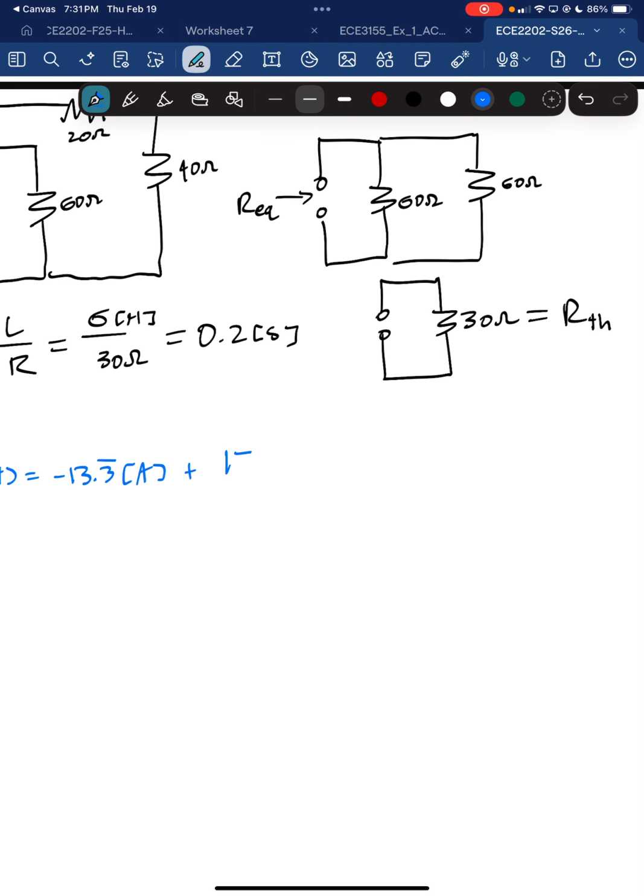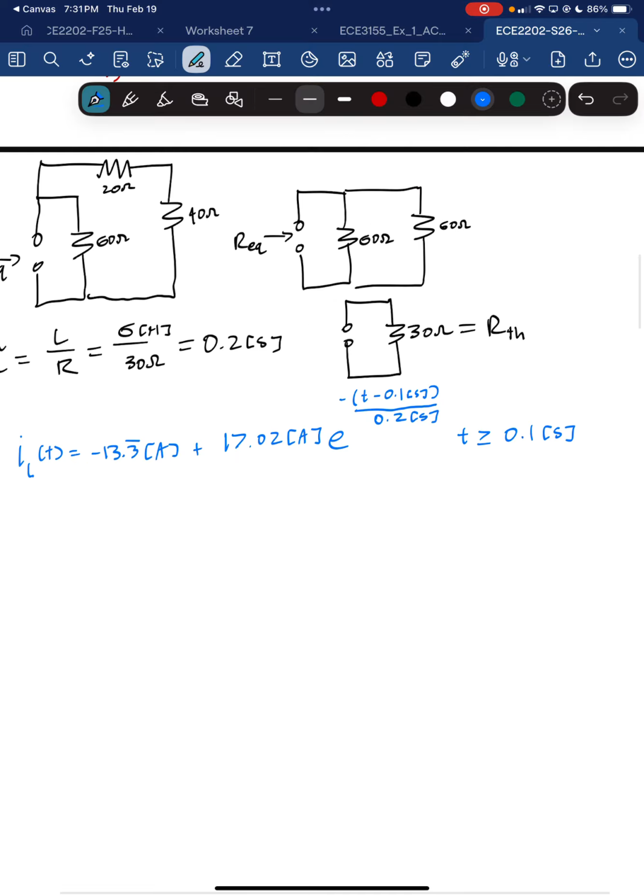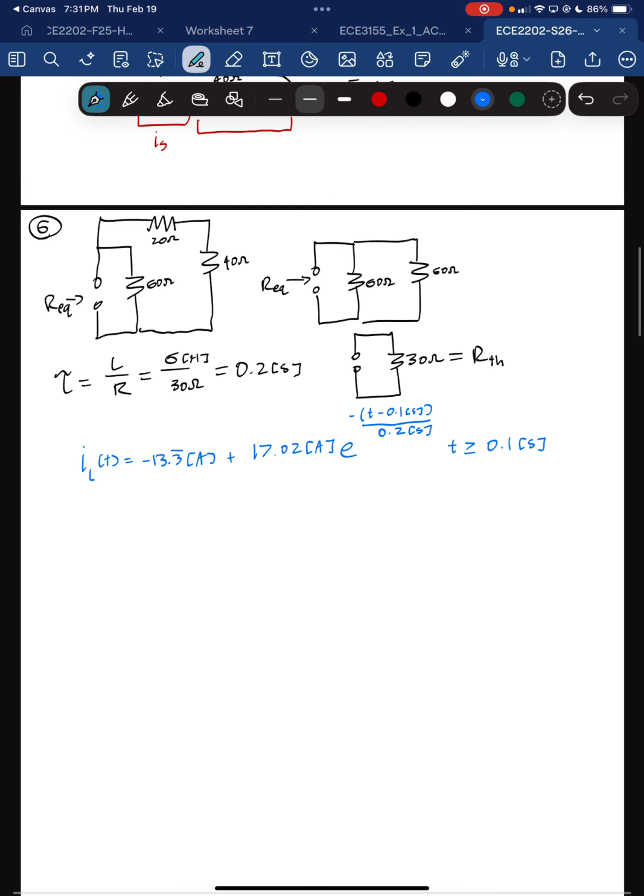And that gives us 17.02 amps, times e to the power of negative (t minus 0.1) over our time constant, 0.2 seconds. And that is our second equation for IL of t for t greater than or equal to 0.1.